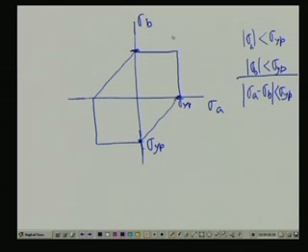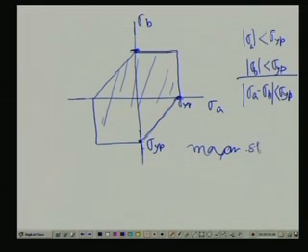Any stress values bounded within this zone are safe stresses. So, this is what we call the maximum shear stress theory.